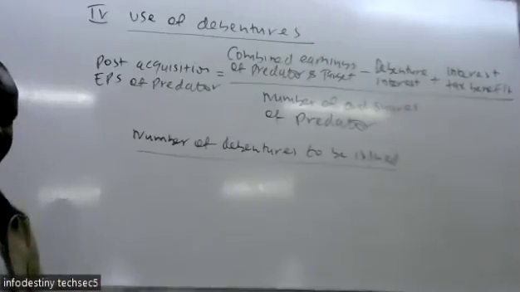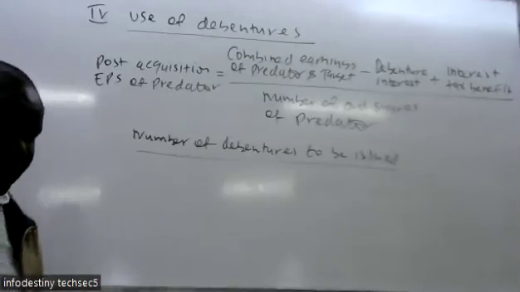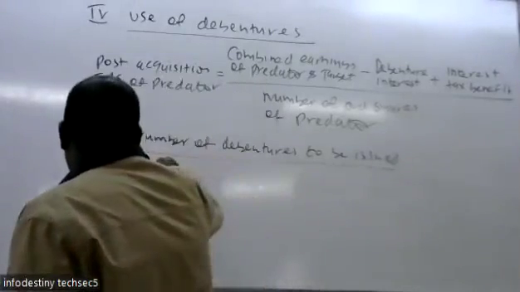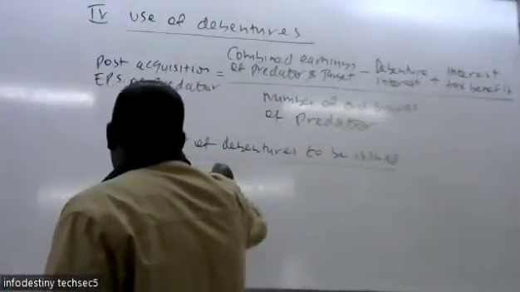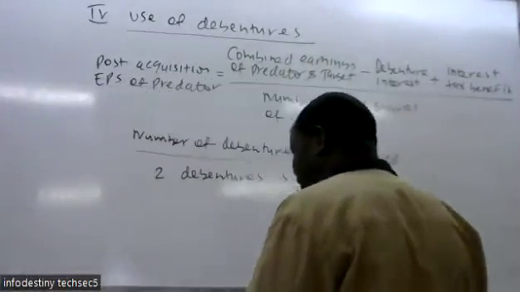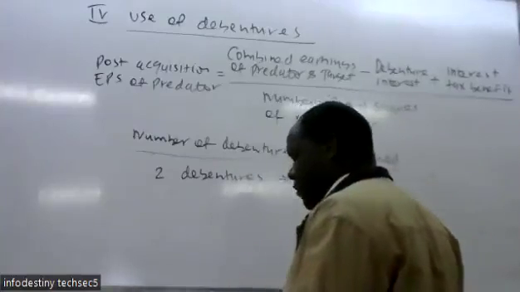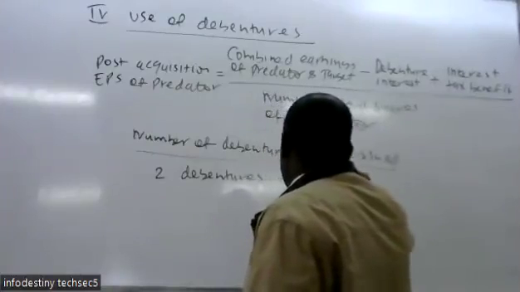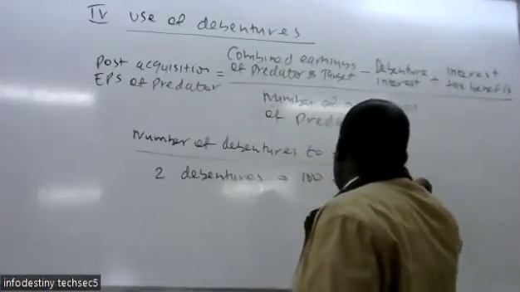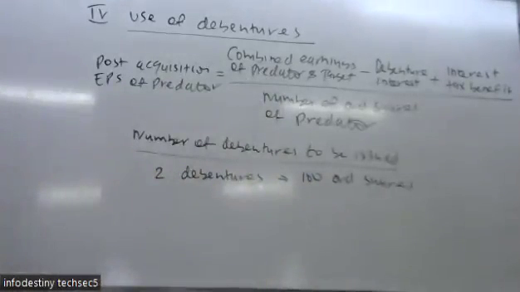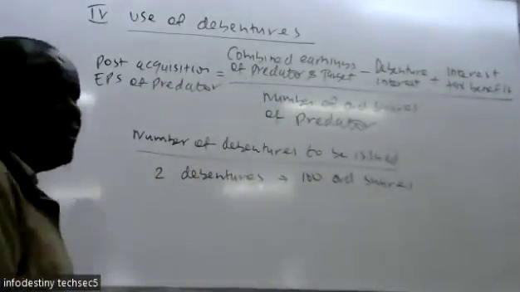So for every 100 ordinary shares, there are 2 debentures. So 2 debentures are equivalent to 100 ordinary shares.